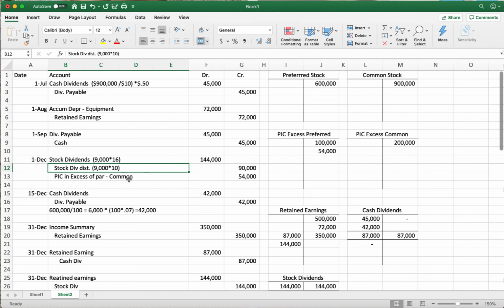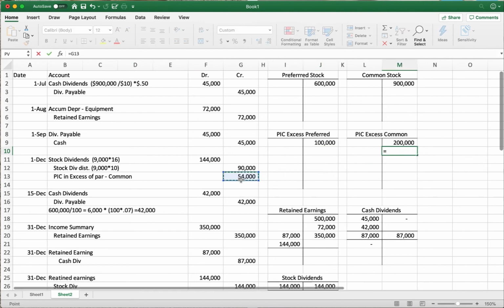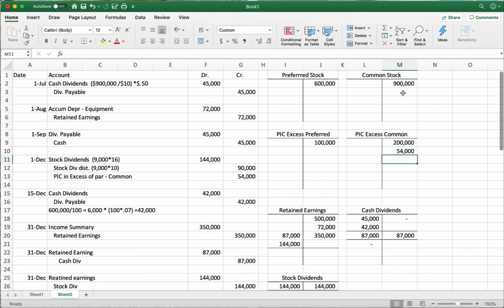I posted the paid in capital in excess of par common, which looks like I posted it to the wrong account there. Needs to go to common. Okay. And I need to post the stock dividend. No, I don't. Yeah, I do. Okay.